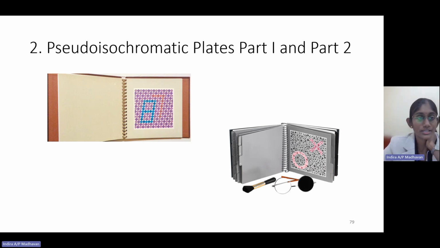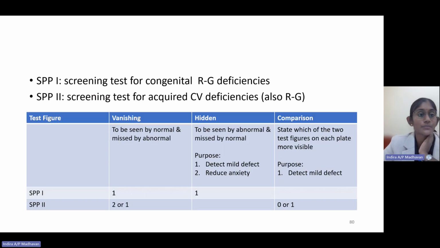Now we move on to the pseudo isochromatic plates, part 1 and part 2. So this is the pseudo isochromatic plates, and they have two versions, part 1 and part 2. It is also known as SPP1 and SPP2, the short name of the pseudo isochromatic.